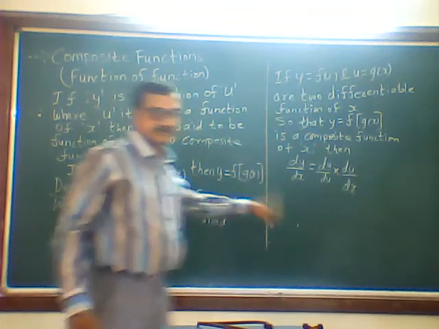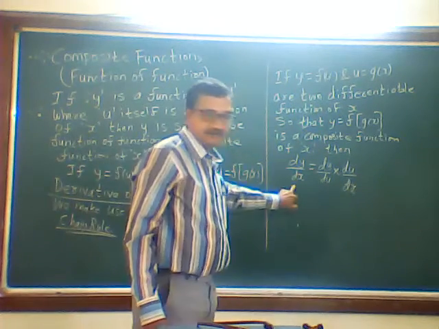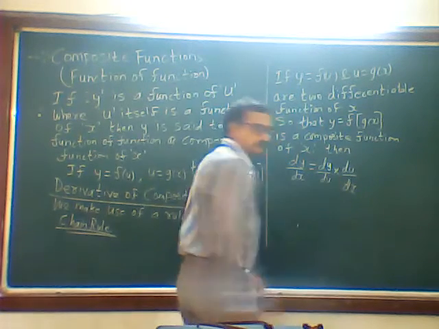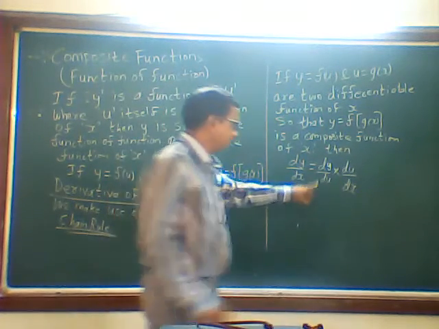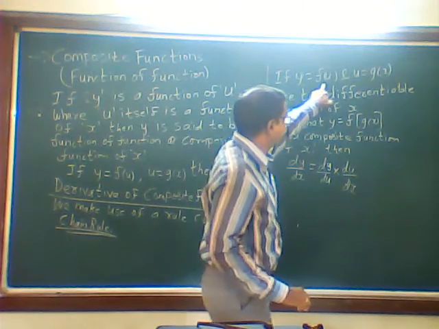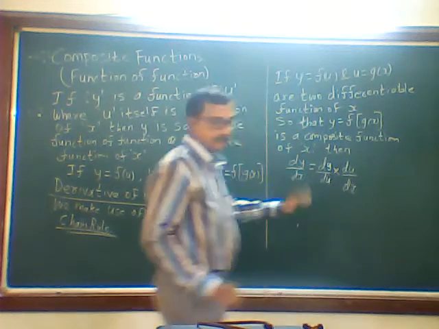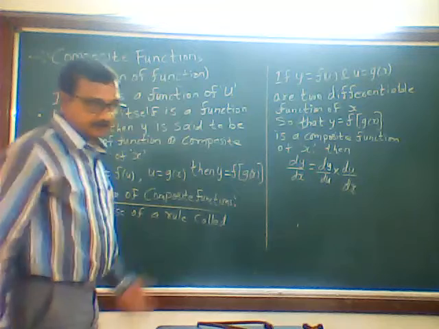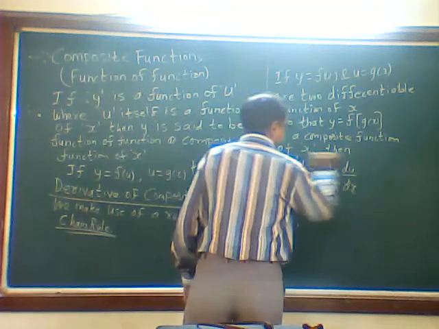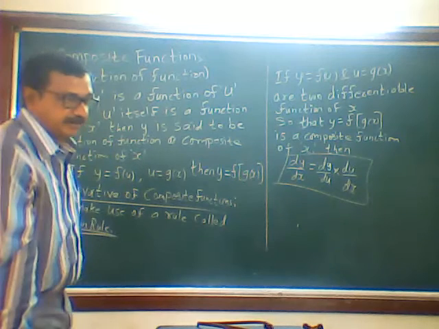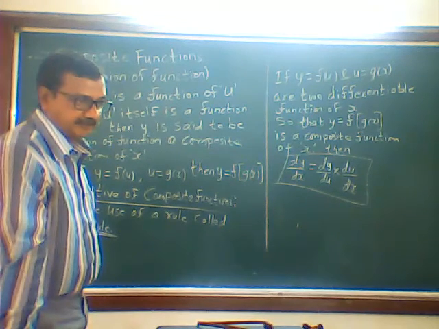Okay, this is called as chain rule. If you cancel this du, it will be dy by dx. So this is called as chain rule, or we call it function of function. So finding the derivative of a function of function is called chain rule.